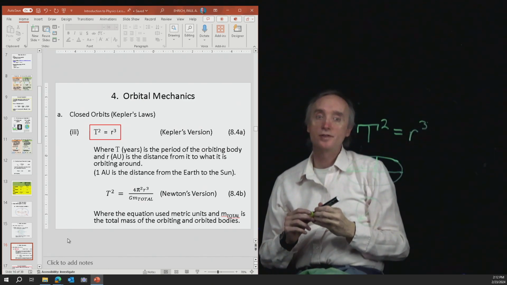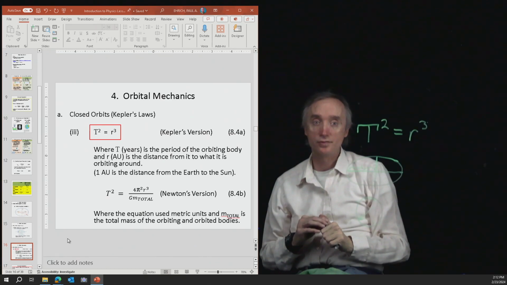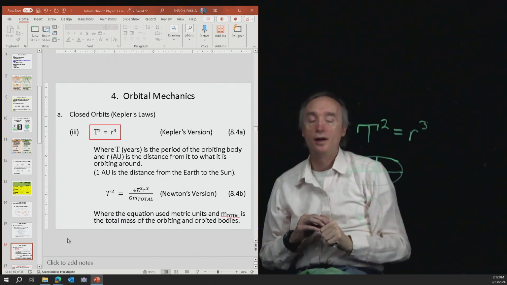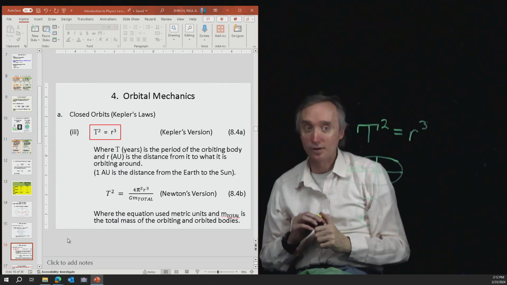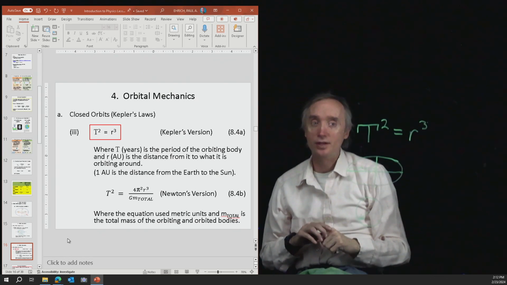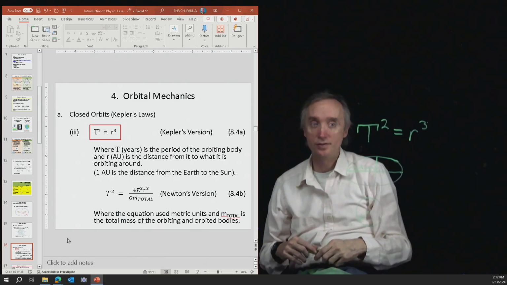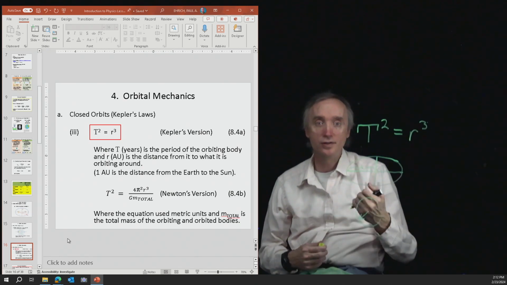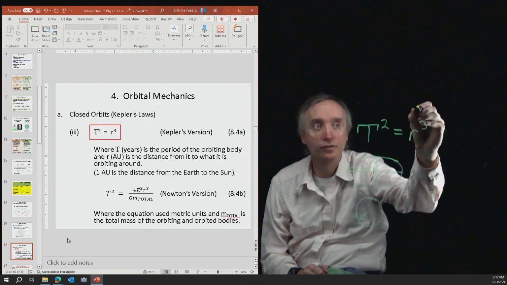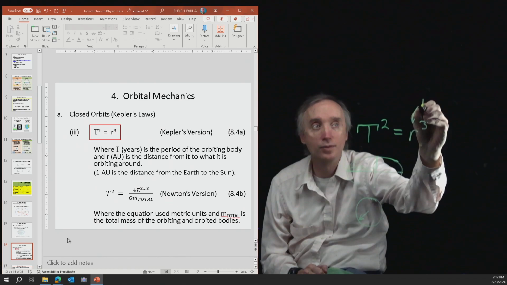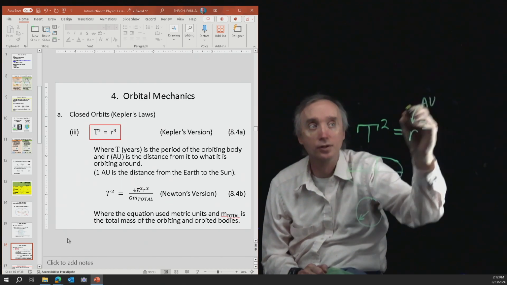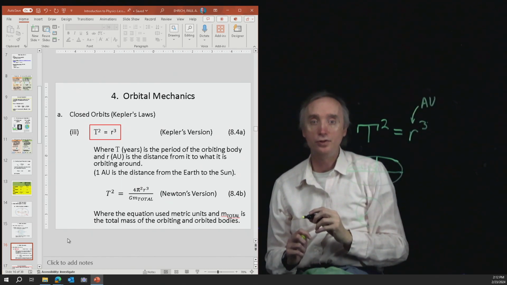Now, remember this is back in the 1600s, so Johannes Kepler didn't have the metric system, and he basically invented his own units. He decided that the unit for distance was going to be the astronomical unit, the AU.